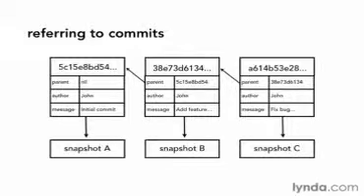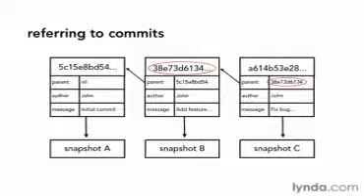38E73D6134, and so on, is the SHA that it came up with when we first made that commit. So if we make a change to this, even if we just change the commit message, it's going to change that SHA to be something different. And if that SHA becomes something different, now the parent of snapshot C will need to be changed as well, because it needs to point to something different.